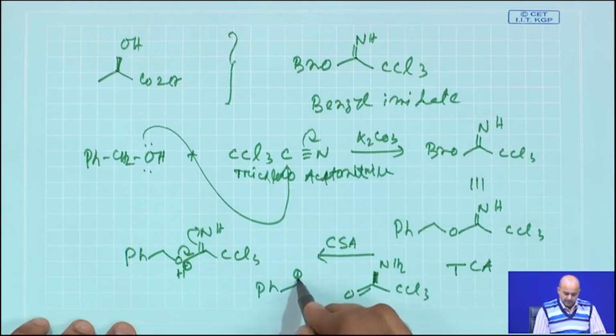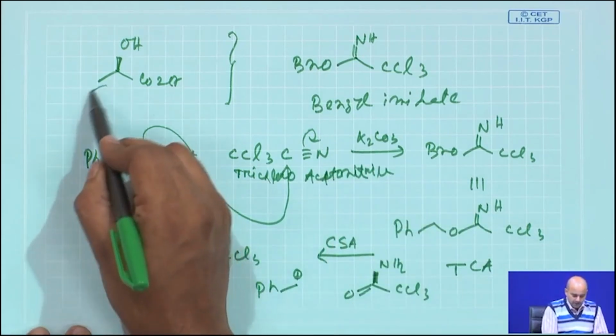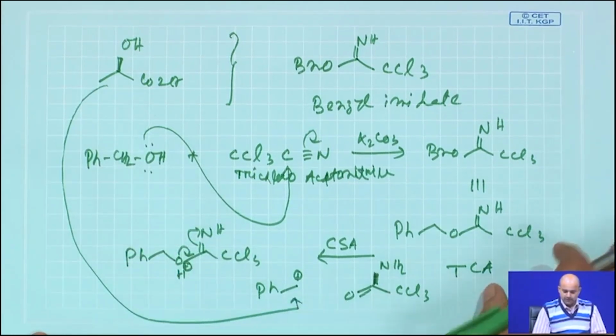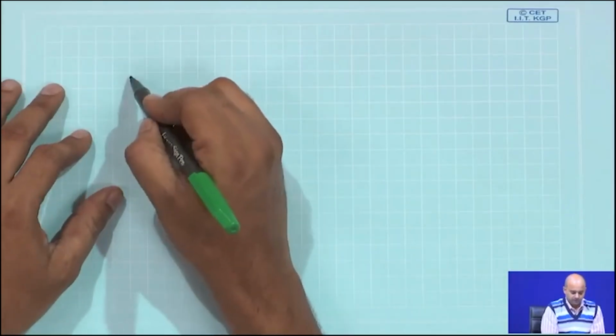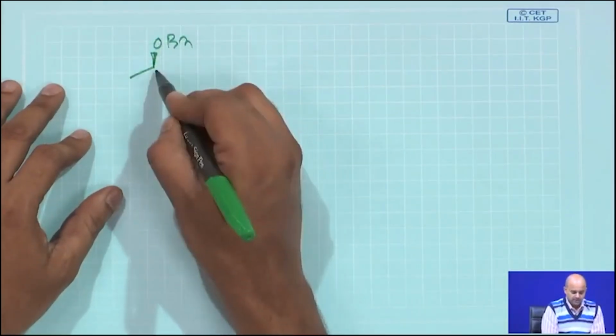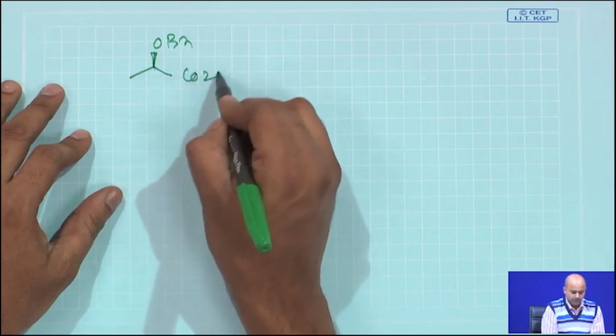Now, as this benzyl cation is free, if you react with this cation under this condition, it will give you a benzyl protected product.